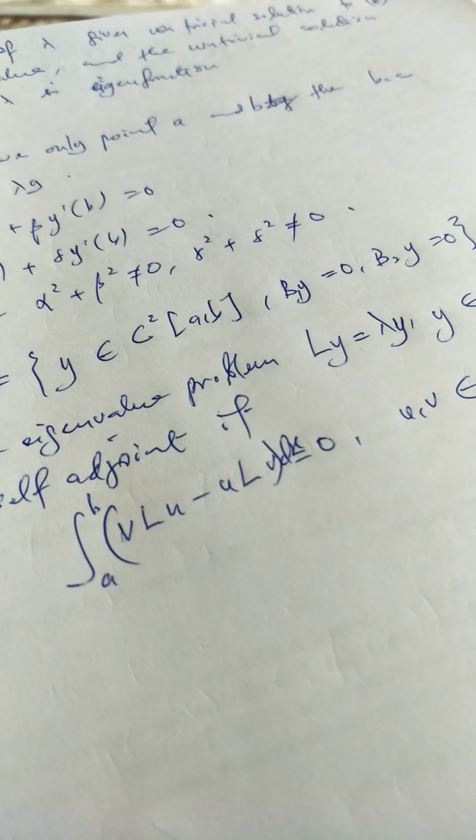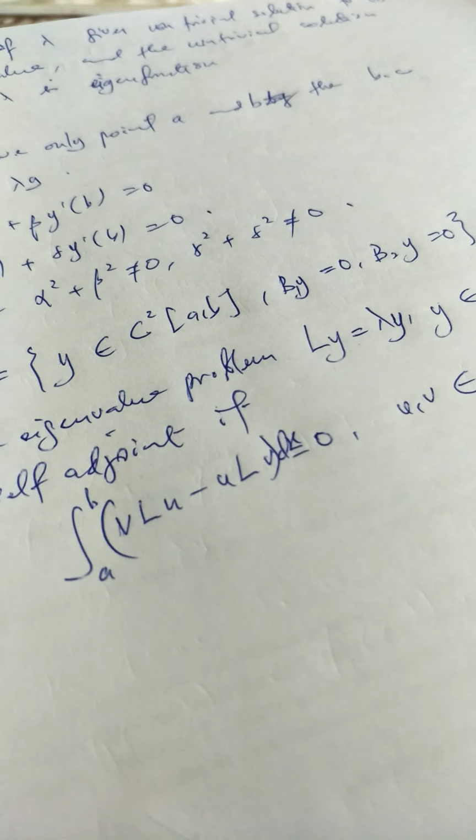Okay, now I think in the first part with Dr. Haliza, she has explained to you that the second order differential equation can be made self-adjoint. So I don't want to repeat all those things again.